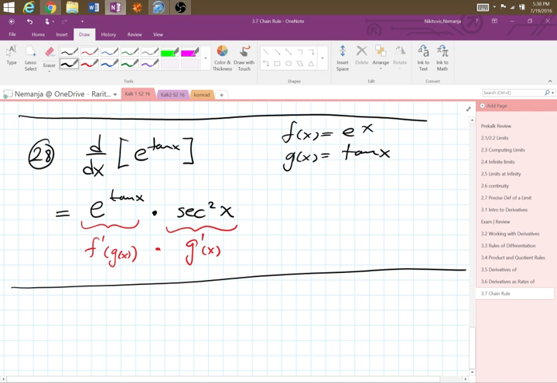Let's see. How about e to the square root of x?